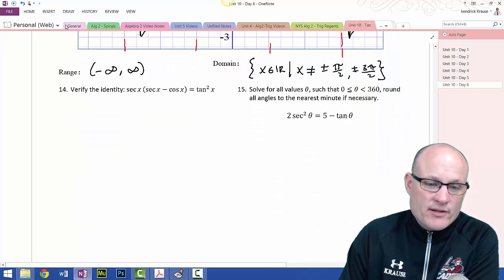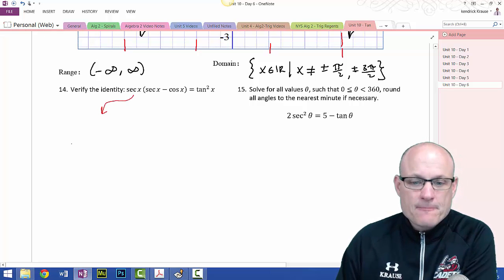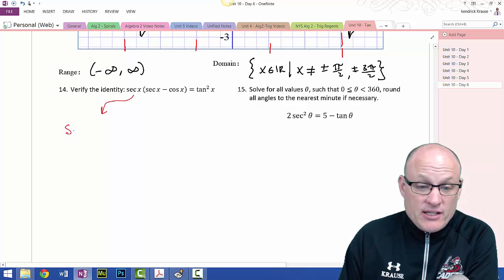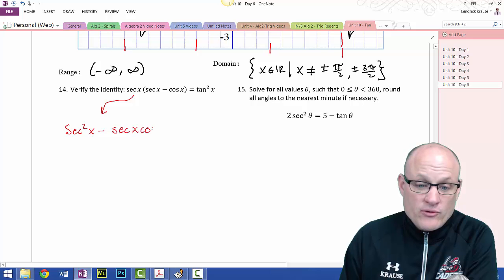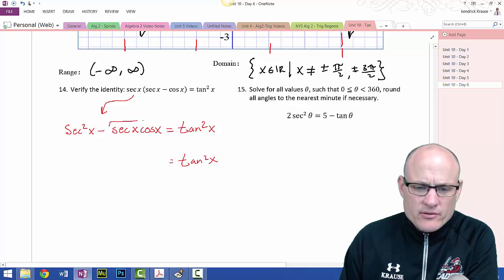So you only mess with one side, not the other. So we're going to mess with the most complicated side. I don't know. Why don't we just get rid of the parentheses, distribute? So I get secant squared x minus secant x cosine x equals tangent squared x. Remember, you can't mess with that right side, so I'm going to have tangent squared x. Just keep coming along. Don't play around with it. Well, let's figure out what this is.